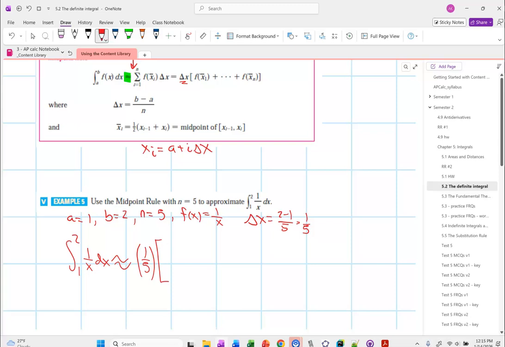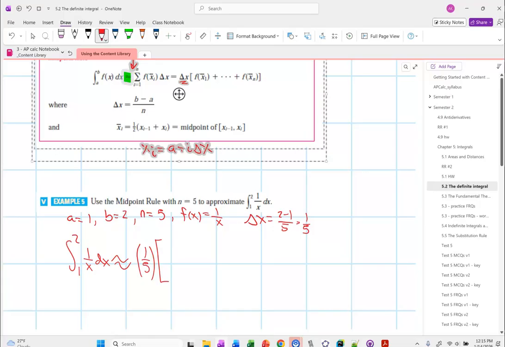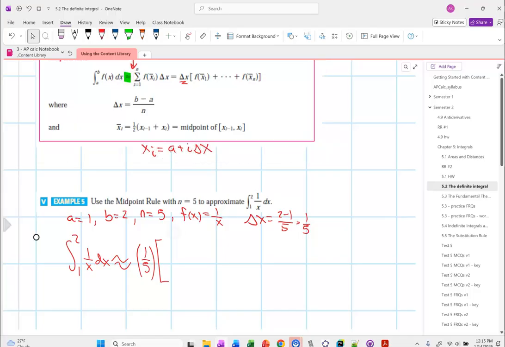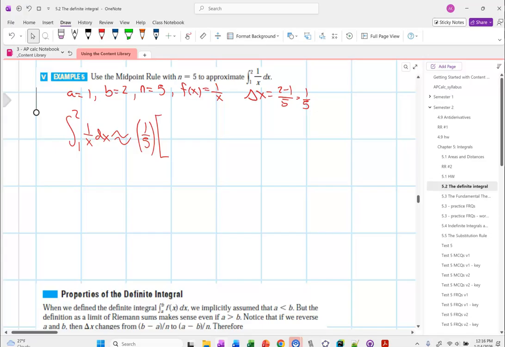To calculate these pieces, I need to have x1 bar, x2 bar, x3 bar, x4 bar, all the way up to x5 bar. To get those, though, I'm going to need x sub 0, x sub 1, x sub 2, x sub 3, all the way up to x sub 5. So let's kind of do that on the side here.